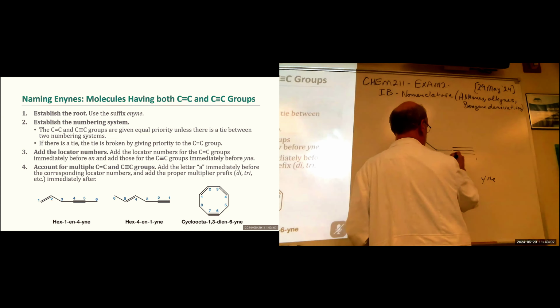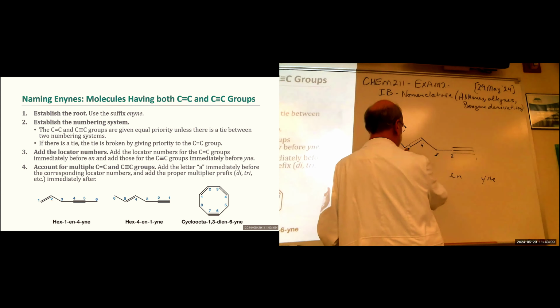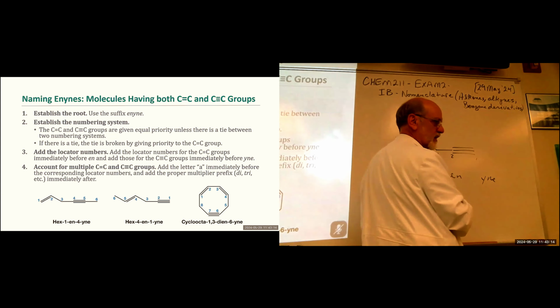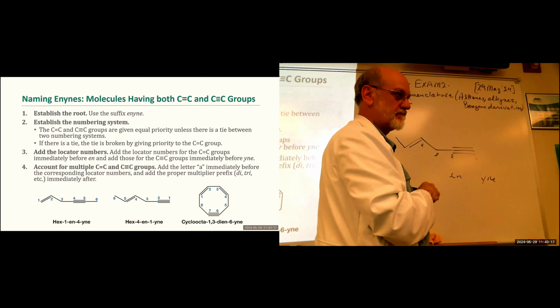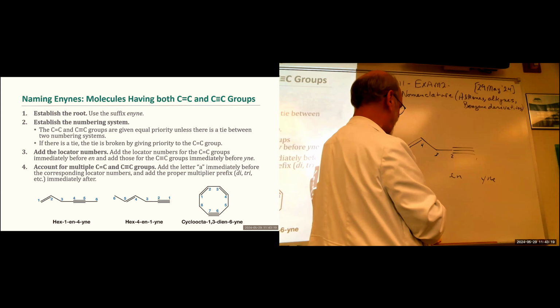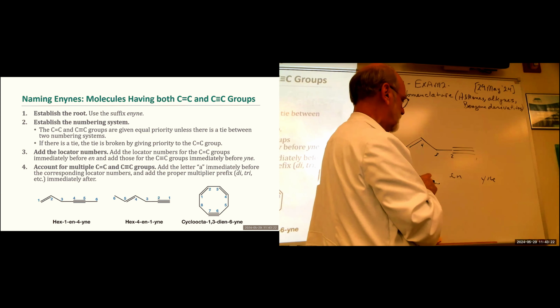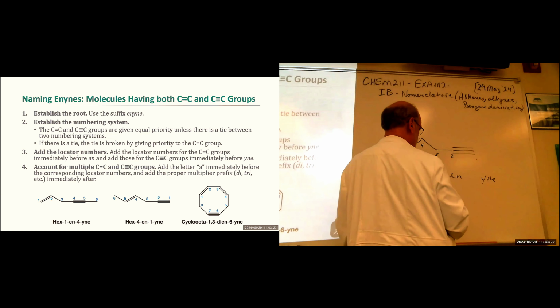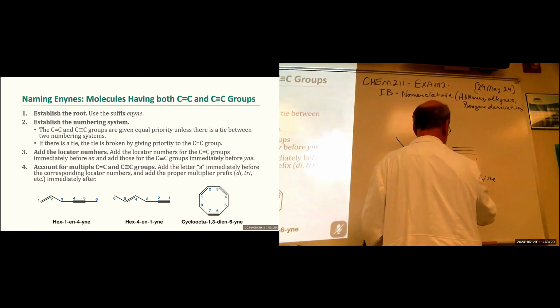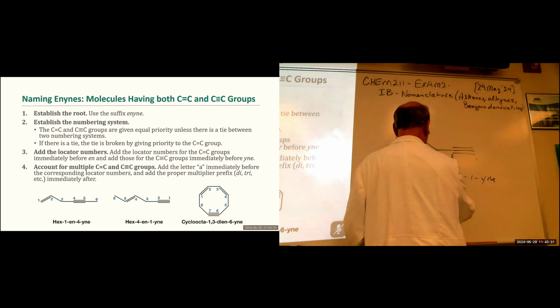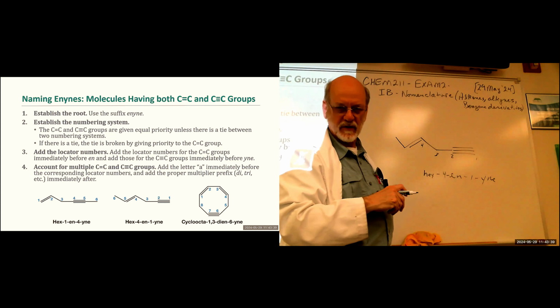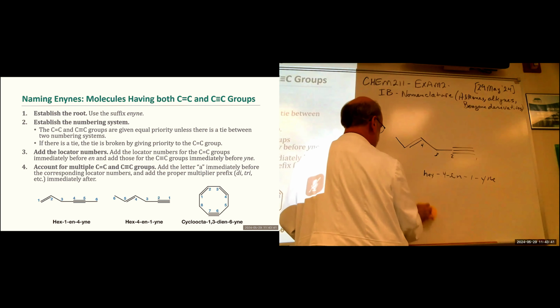In this case, it's 1, 2, 3, 4, not 1, 2, 2, 5. 2, 5 would be a bigger number. I was thinking they had to switch places because the yne became the ene. Oh, no. Okay, I understand. Yeah, it's that alphabetical thing again. So this one would be 4, 1. Hex-4-en-1-yne. Okay, now let's get the cyclo.